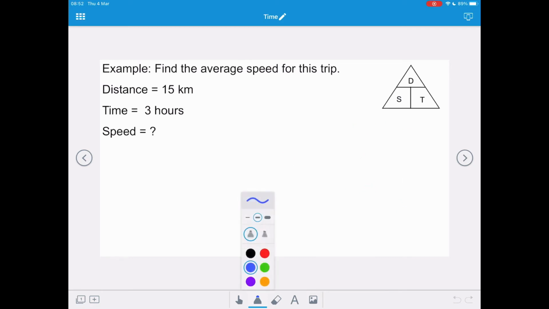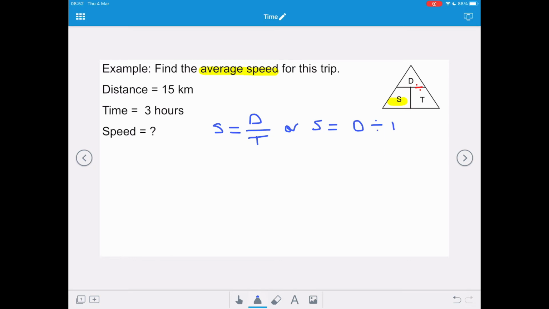So we want to find the average speed for this trip. The distance is 15 kilometers, the time is 3 hours. So speed is at the bottom of our triangle. That means we're doing d divided by t in order to calculate our average speed. So we're going to write the formula s equals d over t as a fraction, or we could write it as s equals d divided by t.